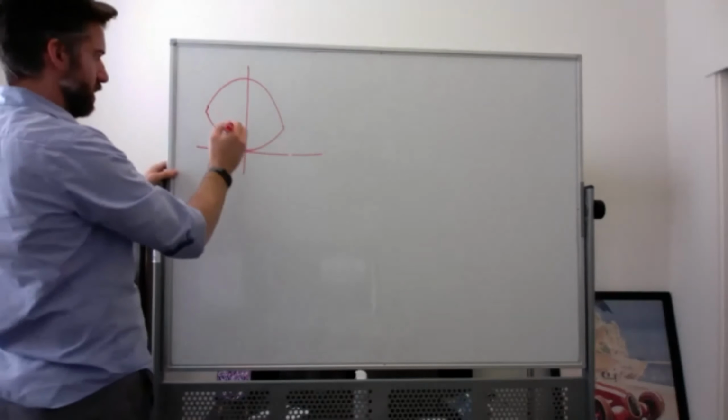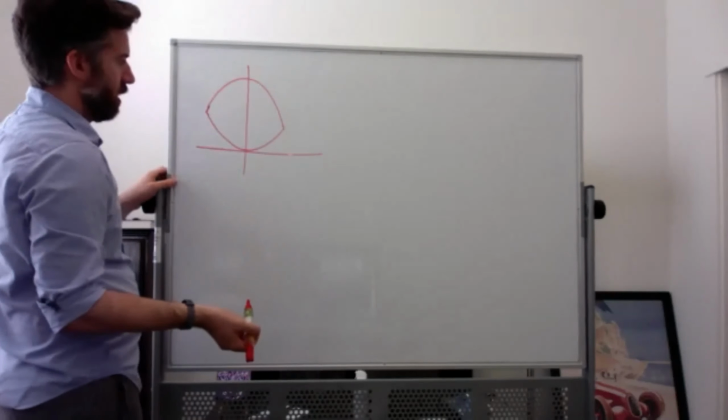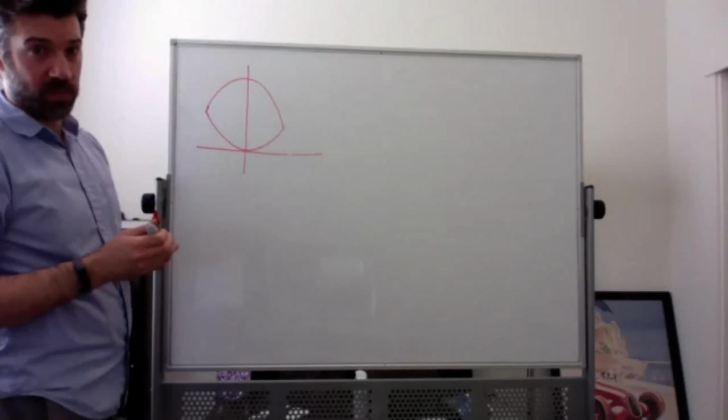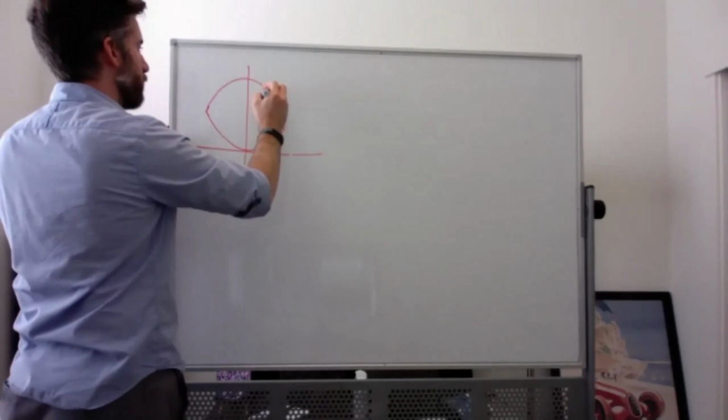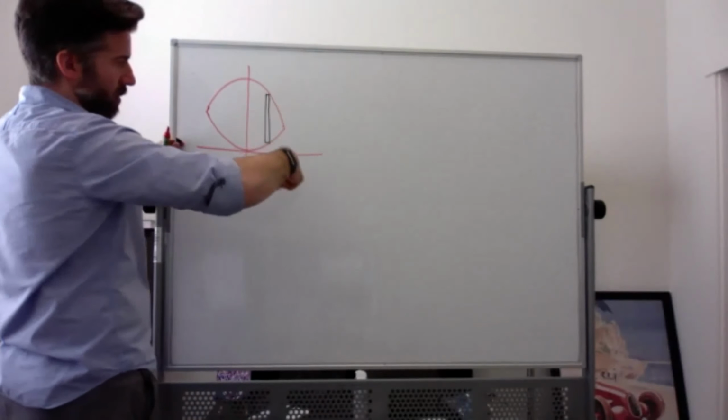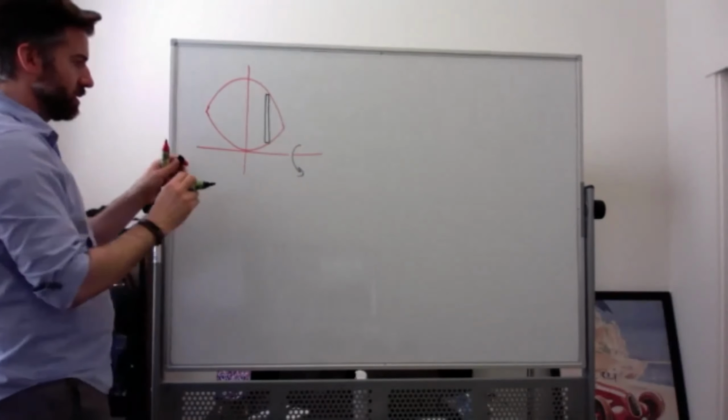If you can imagine this revolving around. I don't really care about that so much as what happens to my strip. So I'm going to draw a vertical strip, and we'll think about what happens when I revolve that around the x-axis.